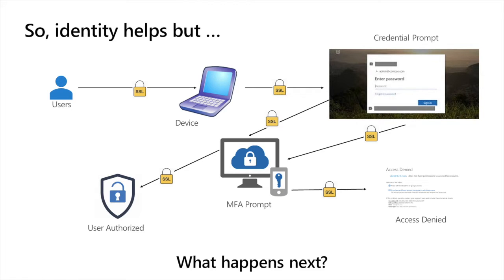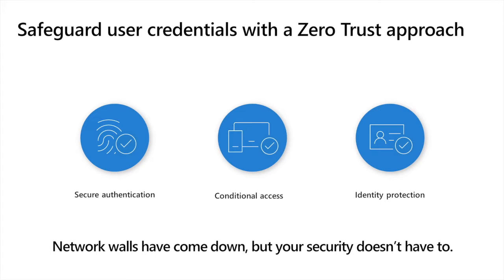However, the big question is what happens next? It doesn't really matter how the user is authenticated. As you can see, once I'm into the system, the next thing is where we need that additional layer. So Microsoft has come up with something called a zero trust approach.